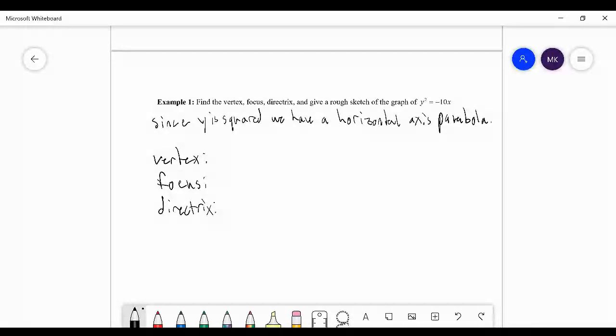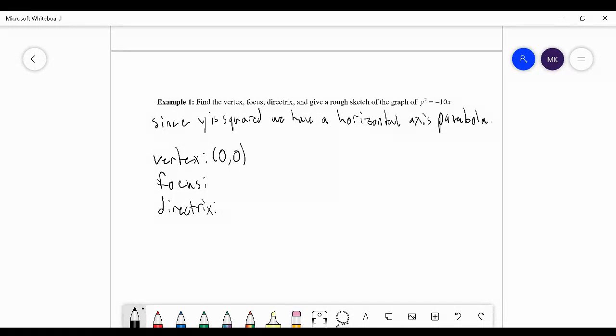Our vertex is going to be at 0, 0. Because y is being squared by itself, there's nothing extra happening there. And x is just by itself, multiplied by the negative 10, but that's our 4p. We don't have x minus 3 or anything like that. So we can simply say that our vertex is at the point 0, 0.